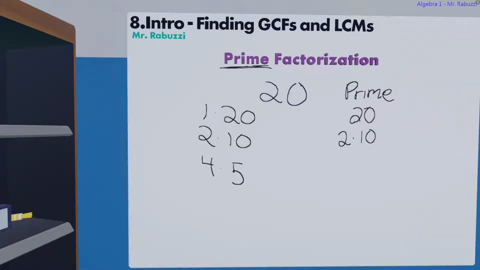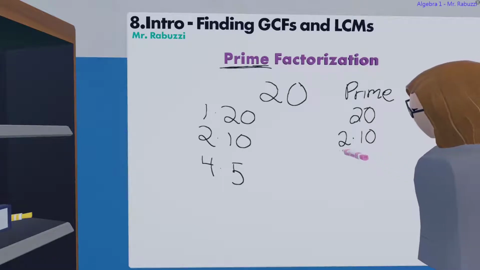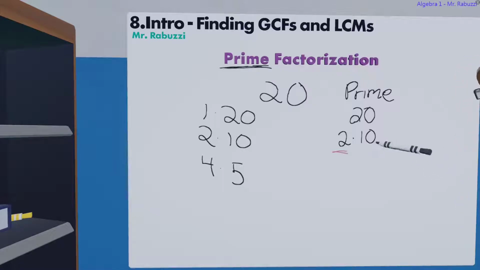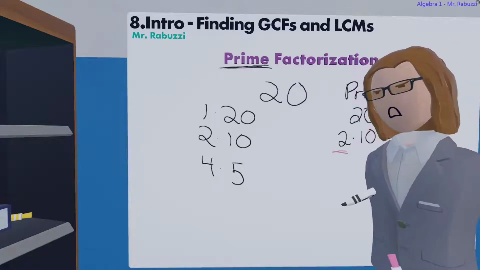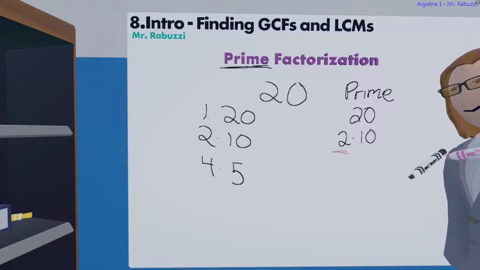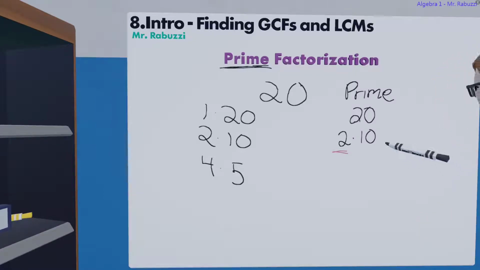Now, that's nice. 2 right here, that's a prime number, so we are finished with the 2. 10 is not a prime number. If you need a list, you can find a list of prime numbers. 2, 3, 5, 7, 11, 13, 17, 19, etc. They are numbers that only divide by 1 and themselves. They don't have other factors.